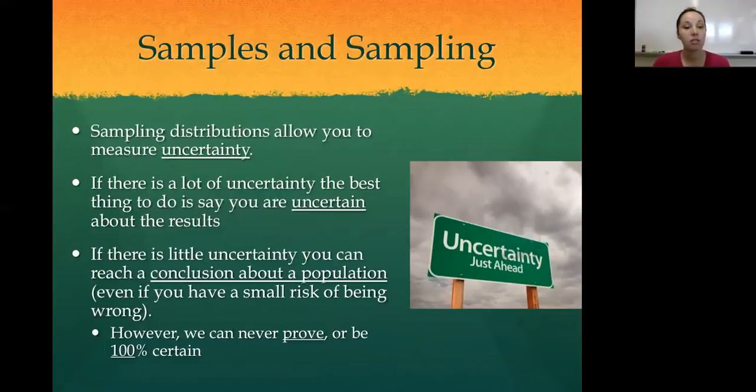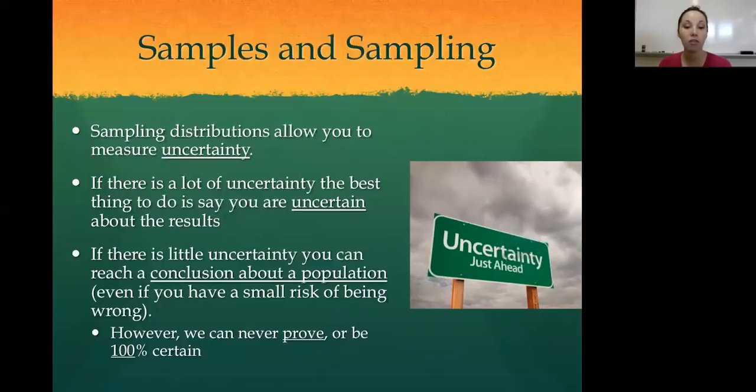If there is little uncertainty, you can reach a conclusion about a population even if you have small risk of being wrong. So if you are more sure, you can state that and say, hey, we gathered a random sample from our population, so our results are pretty generalizable to that population.